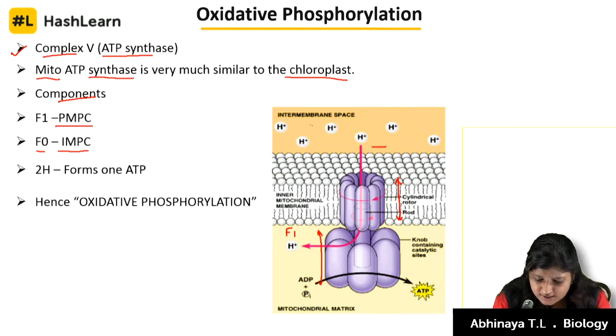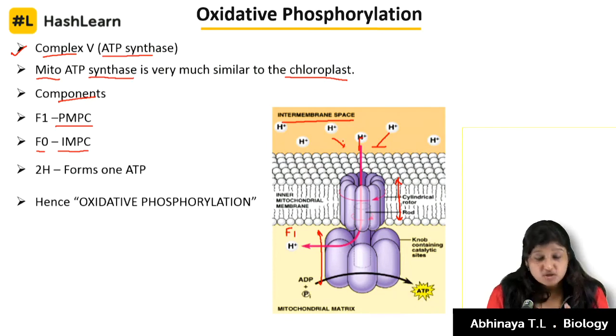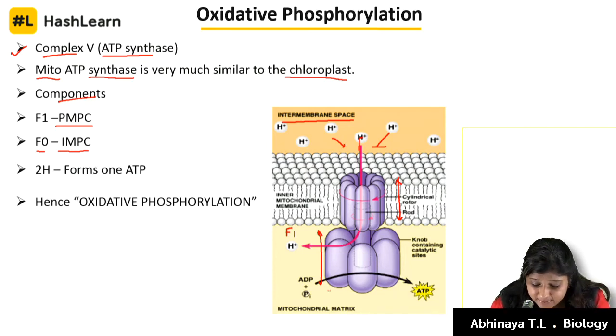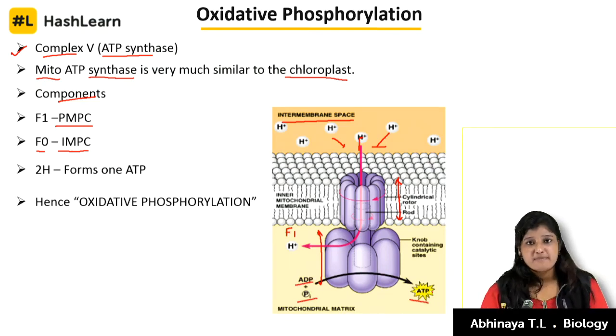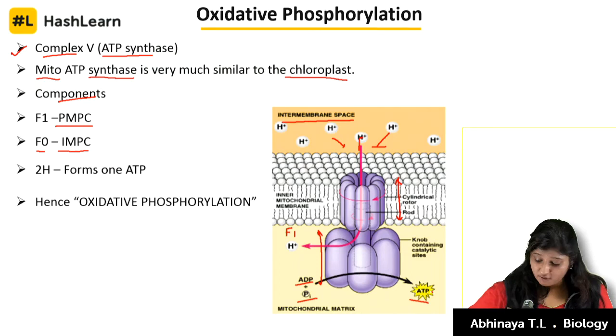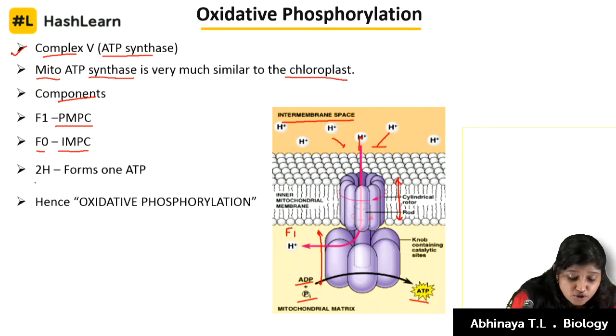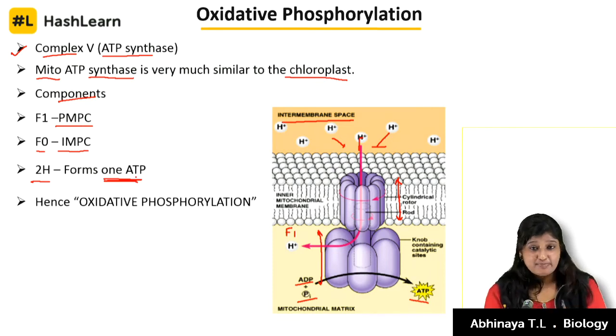You see the protons here in the intermembrane space, all these protons are going to get in through F0, and F1 is the head piece where from ADP and inorganic phosphate ATP is formed. This is the area where ATP is formed. One more thing to note, 2 protons are involved in production of 1 ATP.